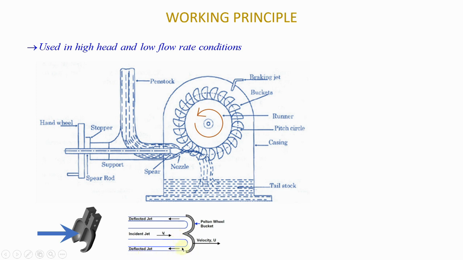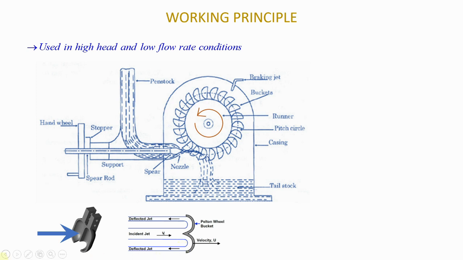Okay, however, the deflection angle cannot be 180 degrees. It's usually somewhere around 160 degrees. That is in practical applications. Theoretically, we can look at cases where the deflection is 180 degrees, but in practical applications you cannot design a bucket that is that perfect.